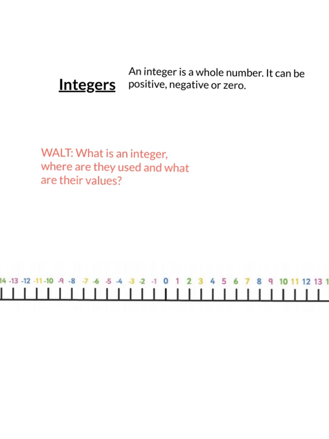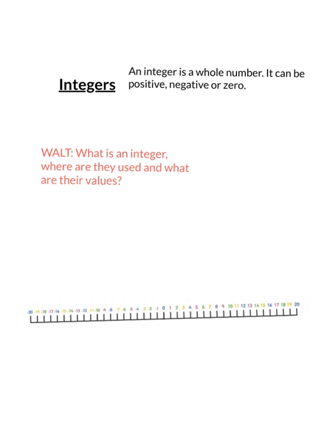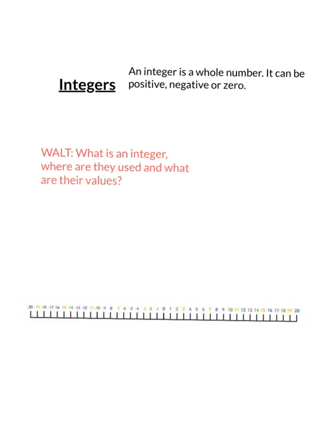I've got my number line here, and again, the quiz is going to test you on which are the higher numbers. So when I say higher, your job, of course, is to work out which one has a greater value.